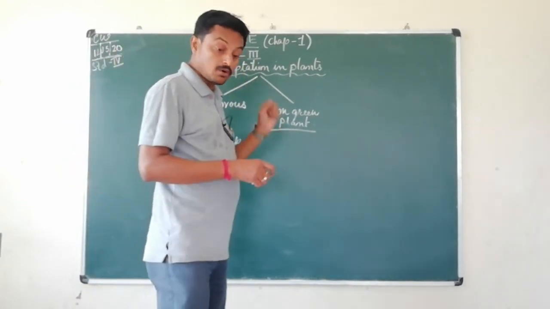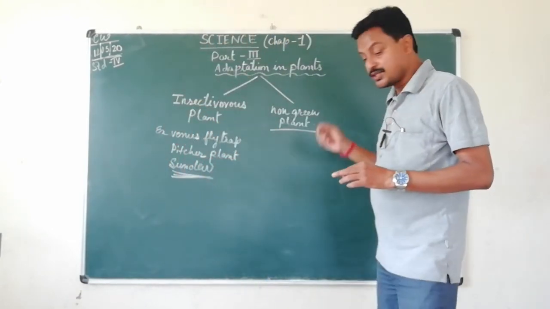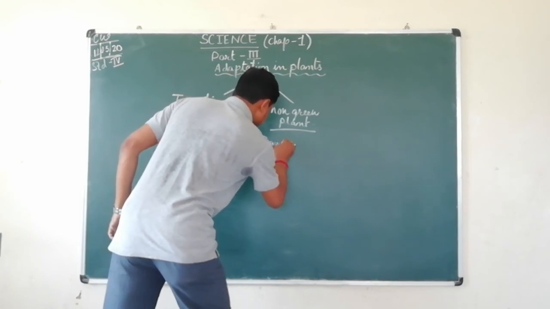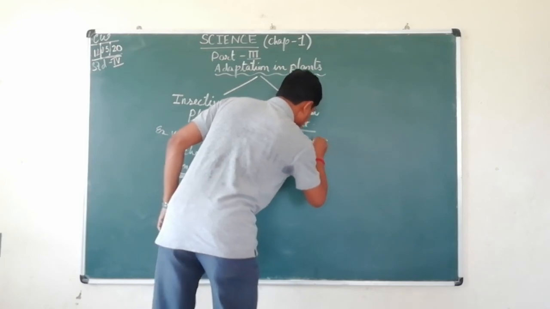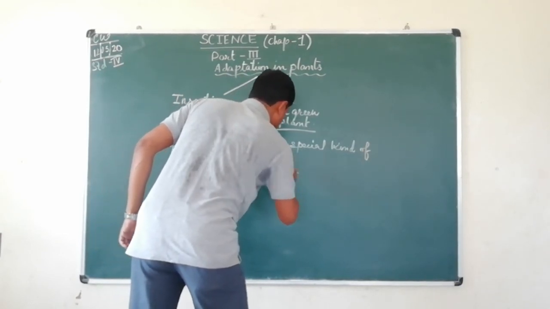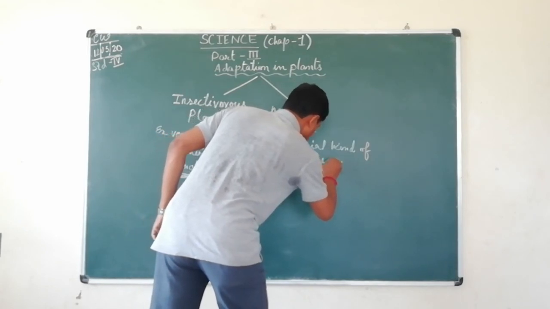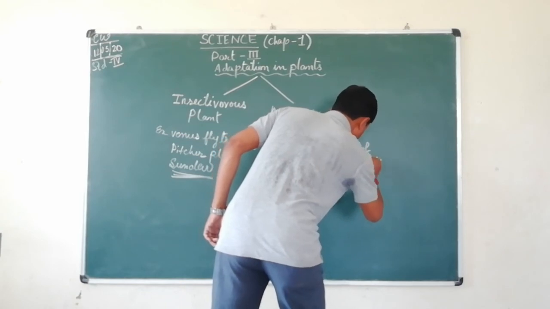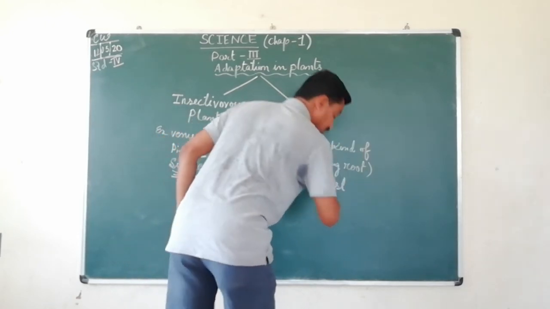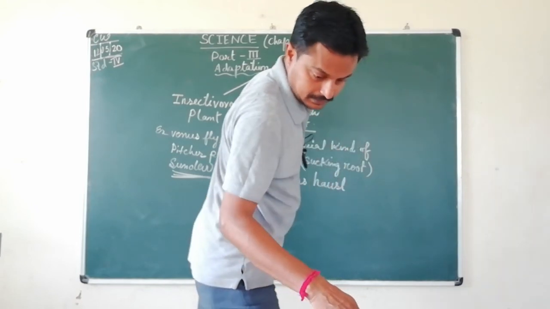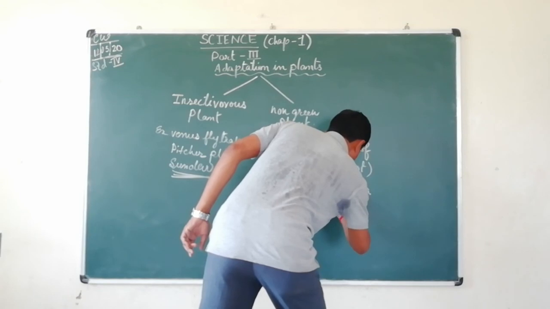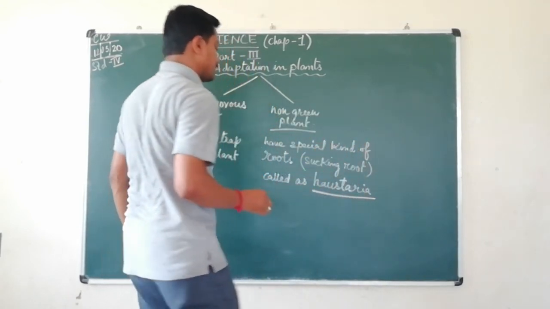Those sucking tubes are also a kind of root. Those roots are called haustoria.